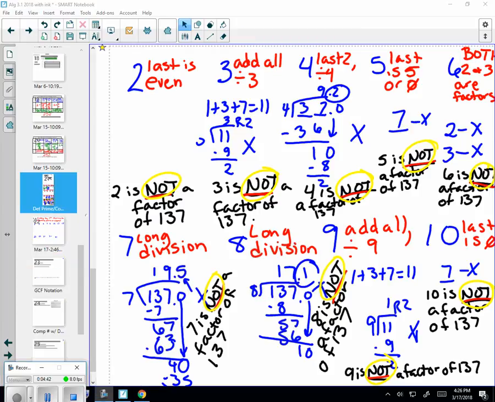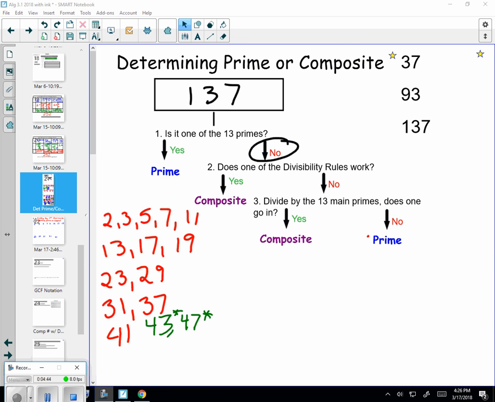Let's go back to our question: does one of the divisibility rules work? And the answer was no, so we actually have to try all 13 of the main primes and see if one of them goes in. If one of them does, it's composite. If none of the first 13 primes go in, we're going to assume it's prime.